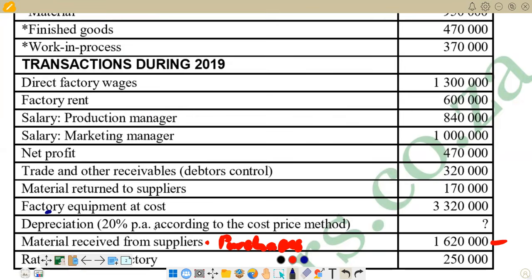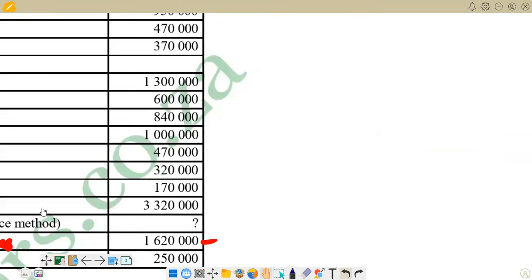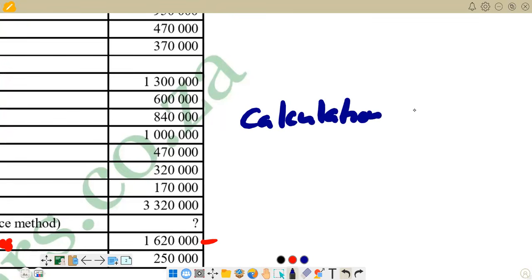So remember, in the calculation of depreciation, we have two different methods that we use. So we can come here and just say calculation of depreciation. We have the methods that we have.